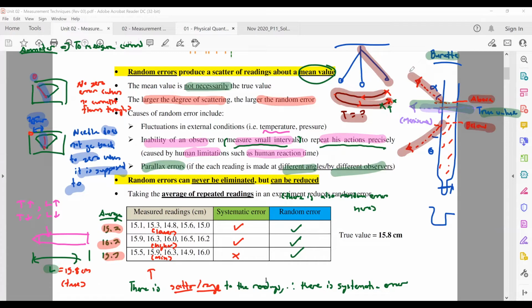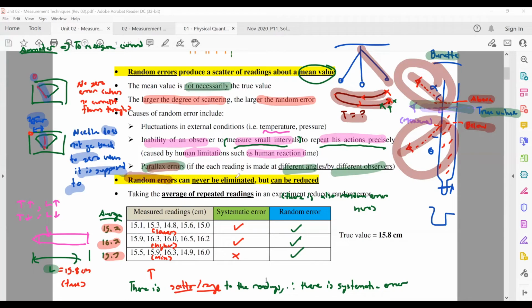So if you have one person reading above at a certain angle and one person reading below at a different angle, you're going to end up with readings that are above and below your true values. That gives you random error. So bear in mind that parallax error can give you both kinds of errors.